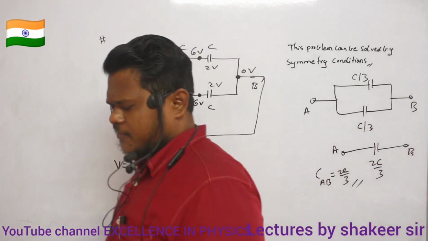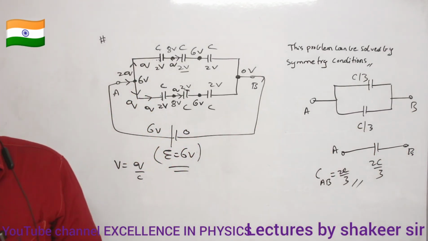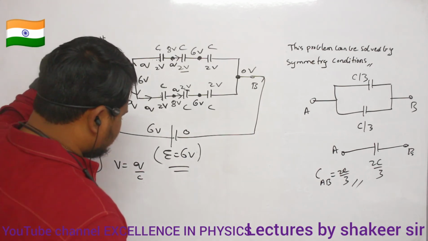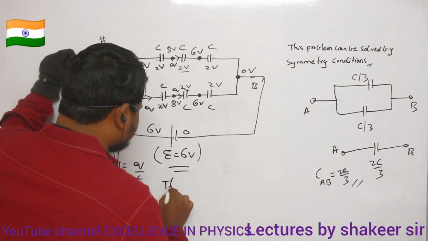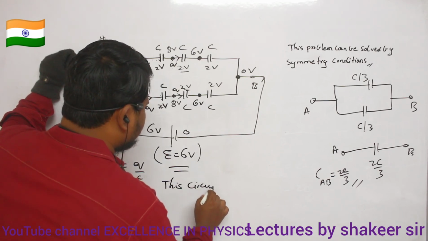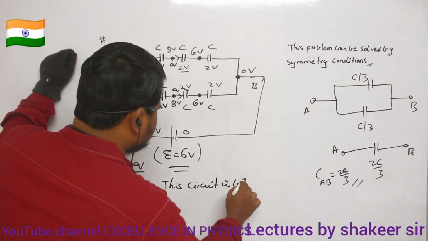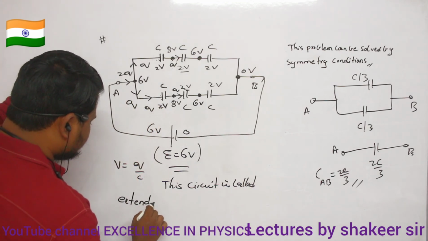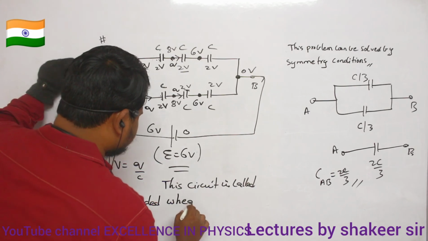Have you understood, all of you, how we have calculated this? Very simple. This circuit is called an extended Wheatstone bridge.